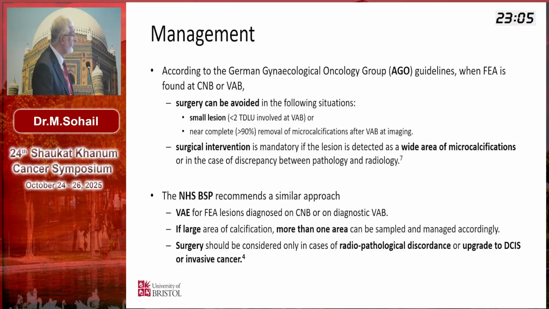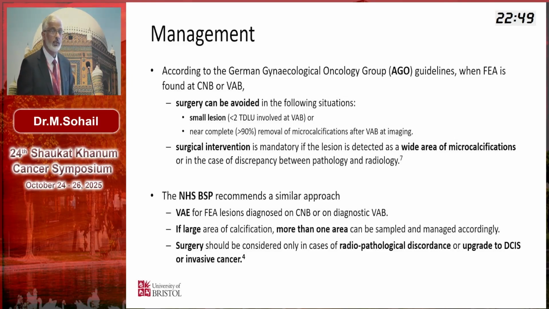In contrast, with the NHS guidelines, as I mentioned, if you see FEA, whether on core biopsy or diagnostic biopsy, you do the VAE. If the lesion is larger, then you sample more than one area.